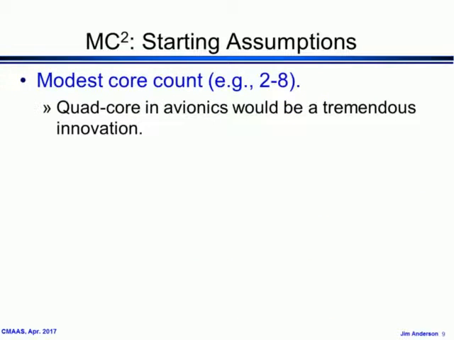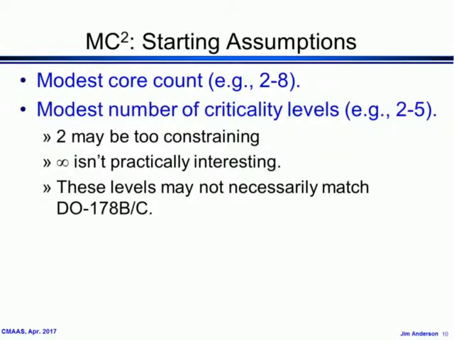These are our starting assumptions, which I think are important to articulate to make sure that you have appropriate expectations of me here. I'm thinking when I talk about multi-core, a modest core count. So think something like quad core. Don't be thinking about a 64-core Tilera machine. A modest number of criticality levels.